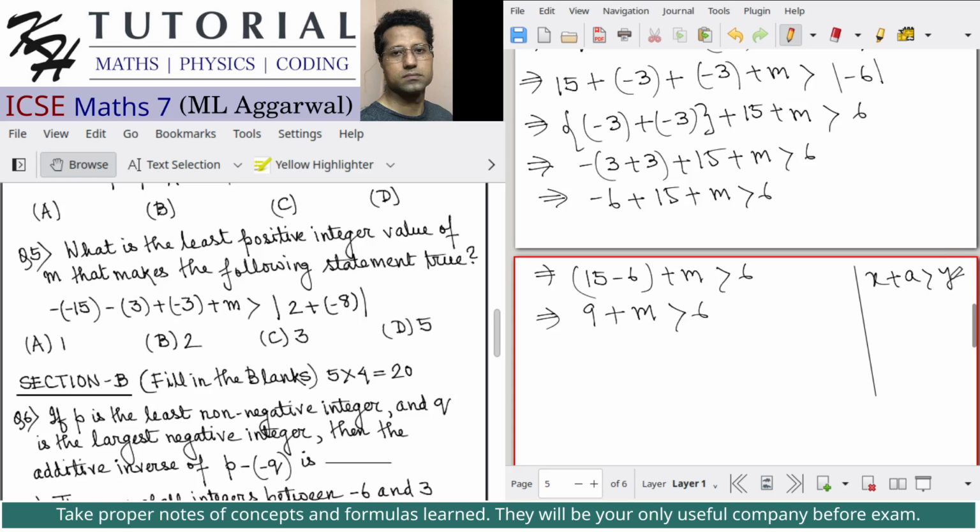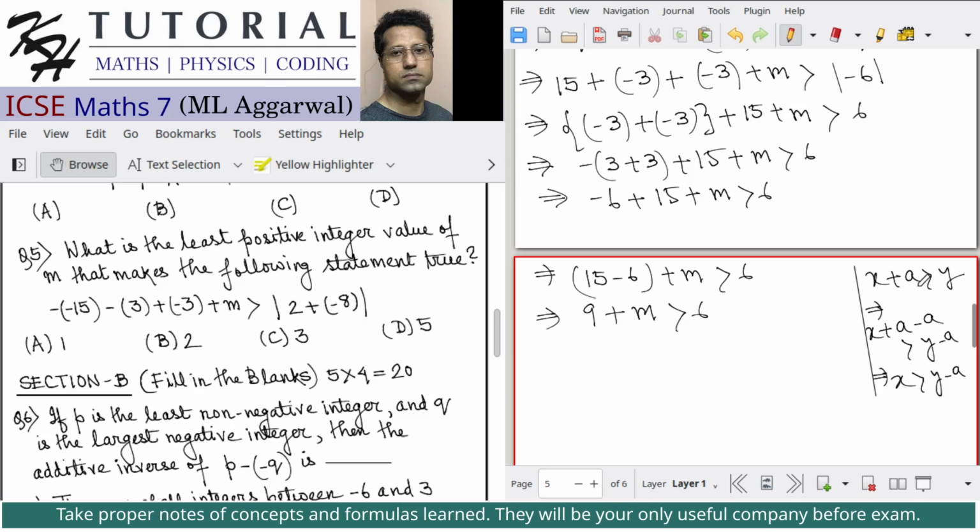I can add or subtract. So I am subtracting the constant a from both sides: x plus a minus a is greater than y minus a. So this implies x will be greater than y minus a. From the fact that x plus a is greater than y, I can say that x is greater than y minus a.